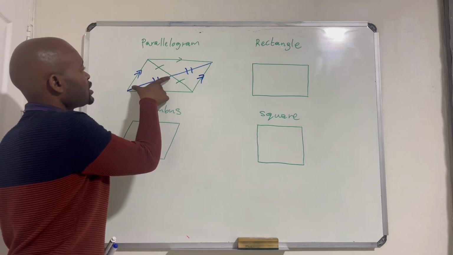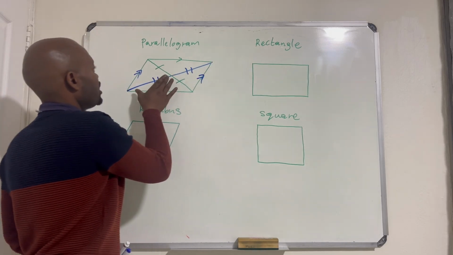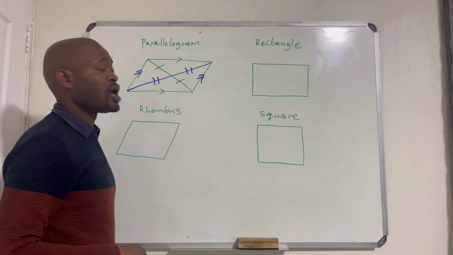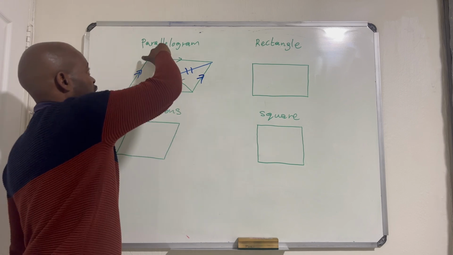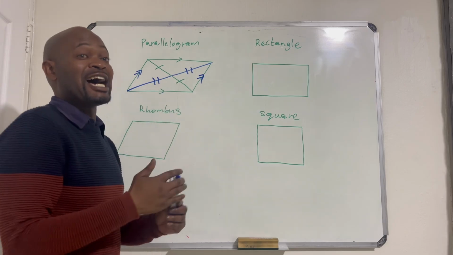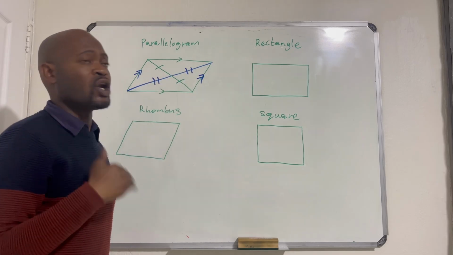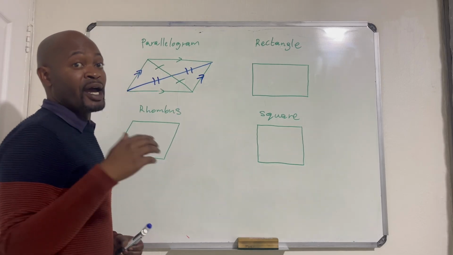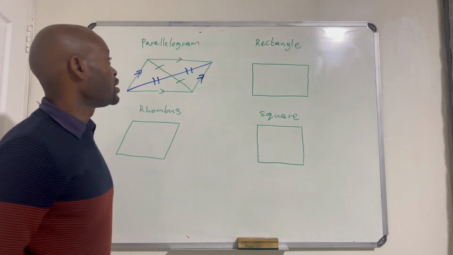It means that this diagonal bisects the other diagonal, cutting it into two equal halves. Also, this diagonal bisects the other into two equal halves, but they don't bisect each other equally, where we would say this is equal to that. No. Therefore, a parallelogram is a quadrilateral with opposite sides which are parallel.